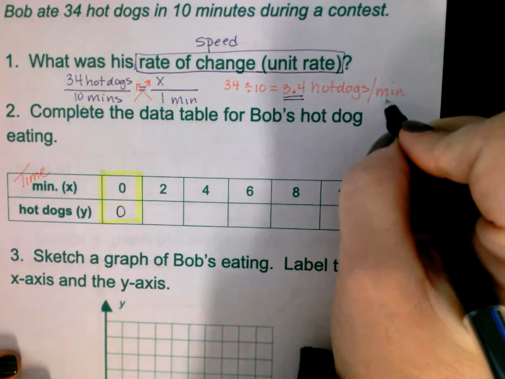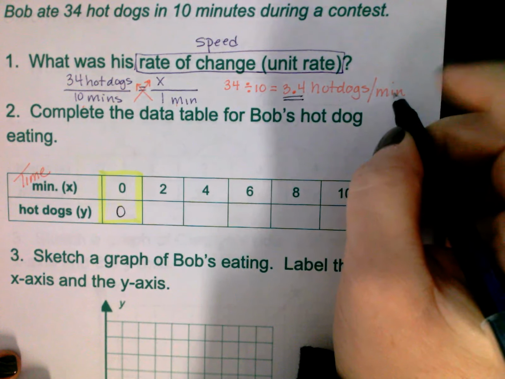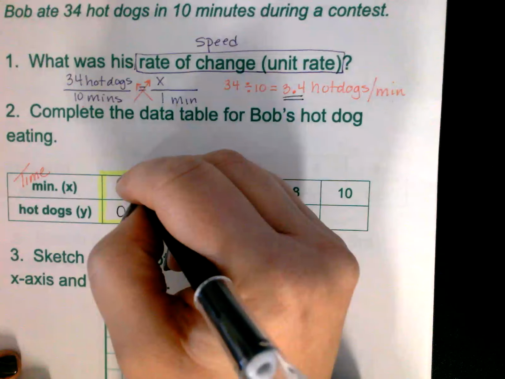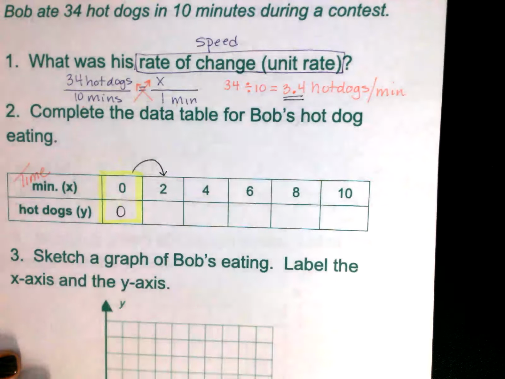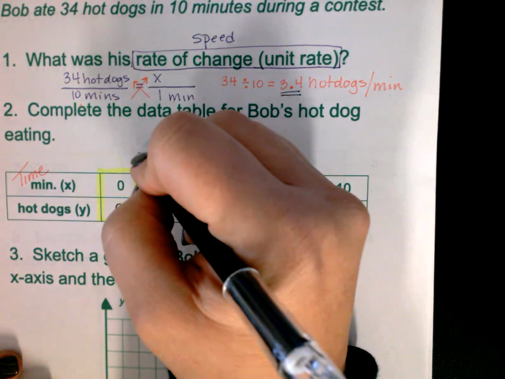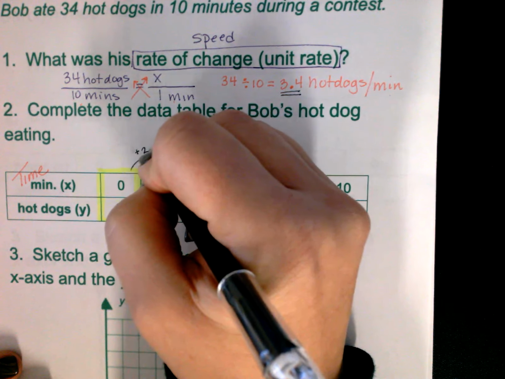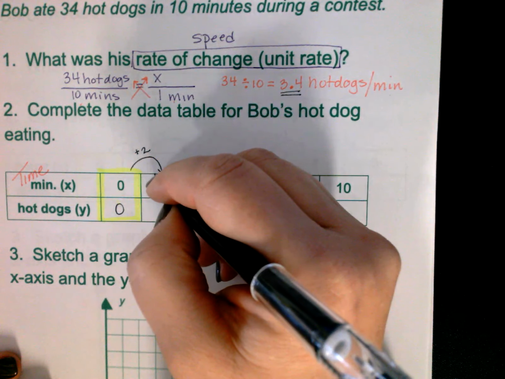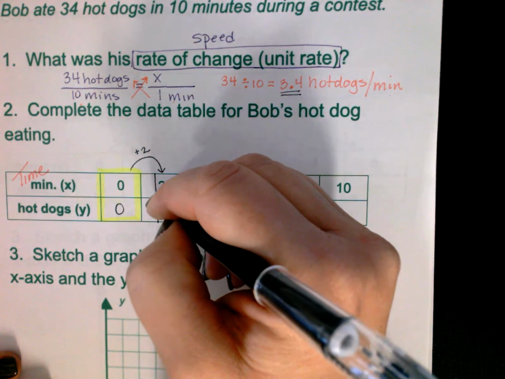Bob ate 3.4 hot dogs per minute. That means in 1 minute we did this. Well, we have to think, oh boy, we are going by 2 on this one. So we're going to add 2 there. Well, let's just get the hang of it. So I'm going to add a little column here.